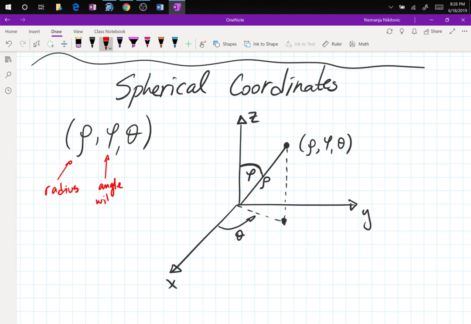Angle with z-axis and angle with x-axis.